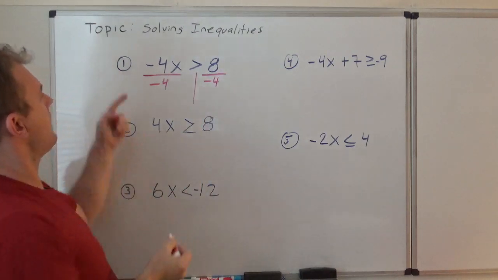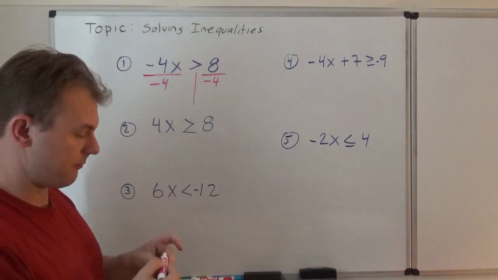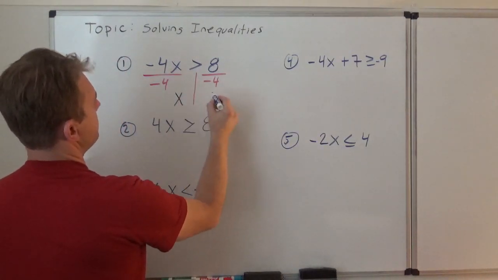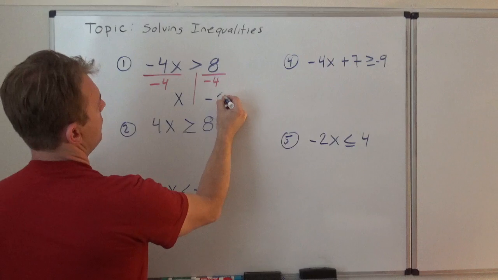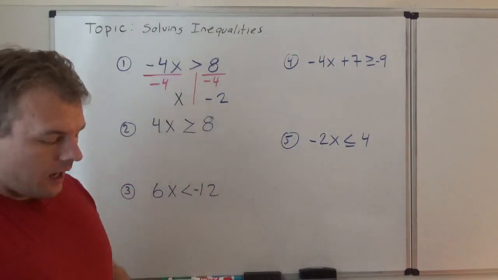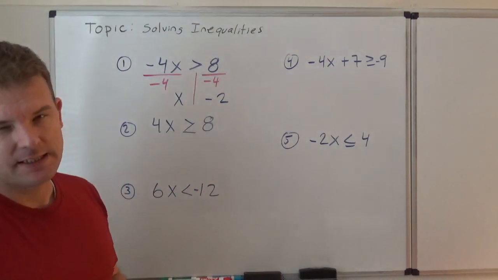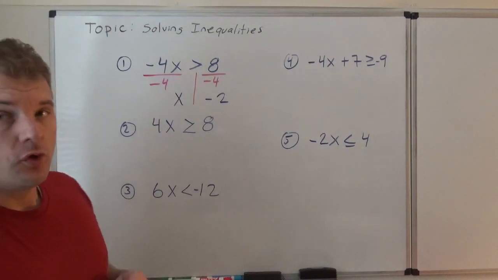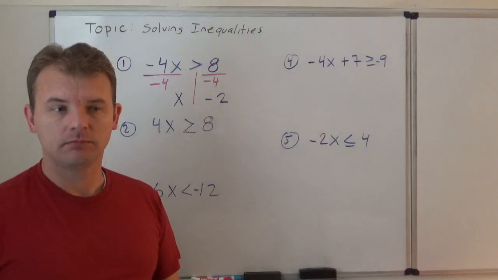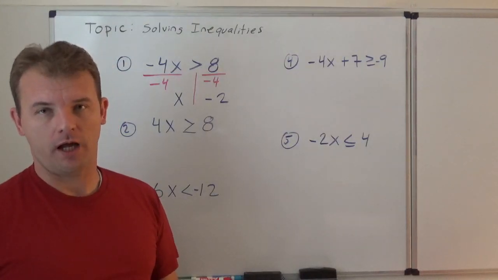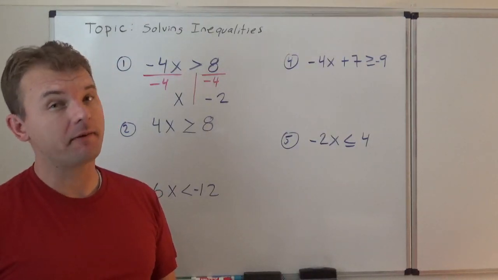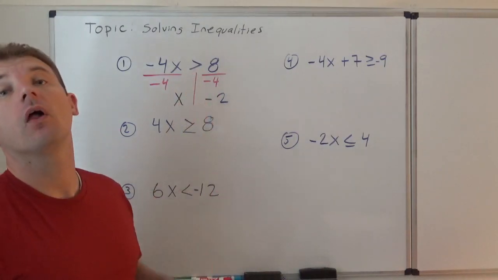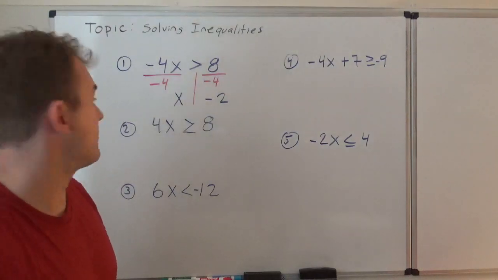Negative divided by a negative is positive, correct? So x is, what, negative 2? I want you to be very careful. When you divide or multiply by a negative number, it's going to change your inequality. So please put this for now.